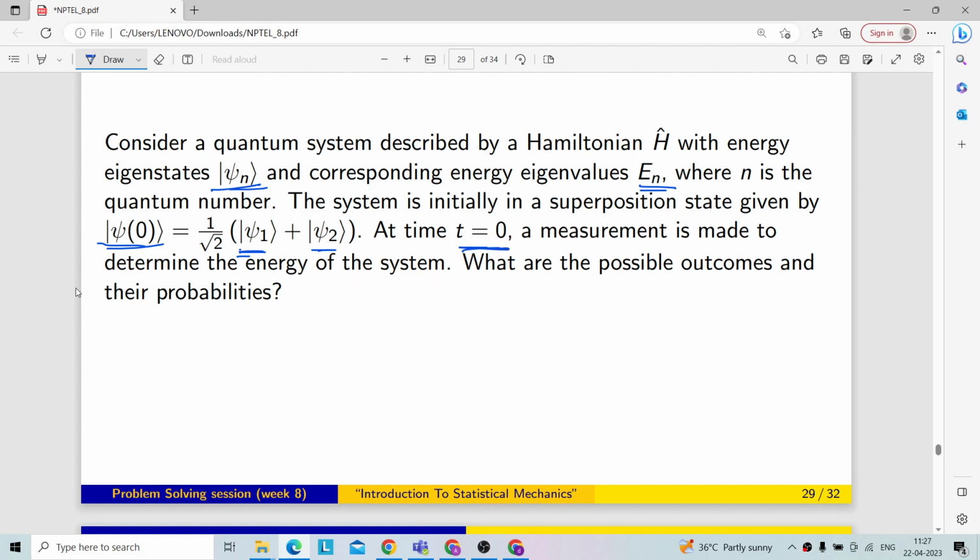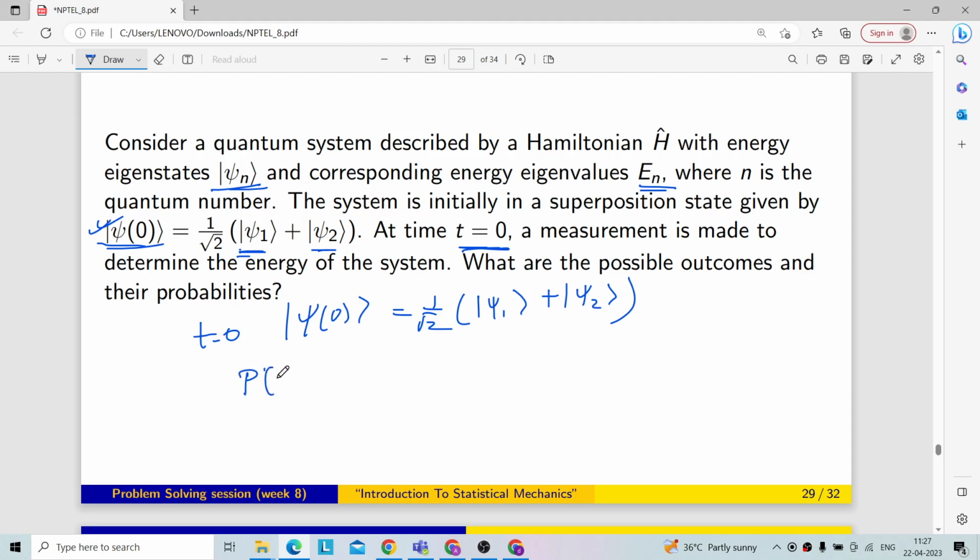So my system is at time t equal to 0 as psi of 0. This is 1 over root 2 (psi of 1 plus psi of 2). Right. Now I am asked at t equal to 0 what is the probability of each case. So the probability of finding the state psi 1 at time t equal to 0 is nothing but this psi 1 operating on psi 0.